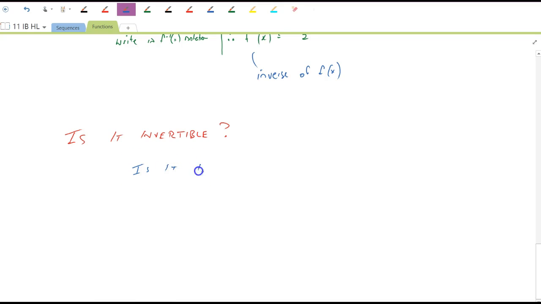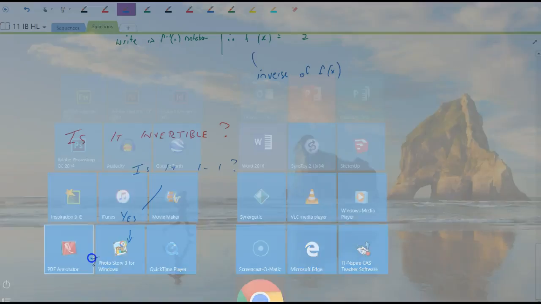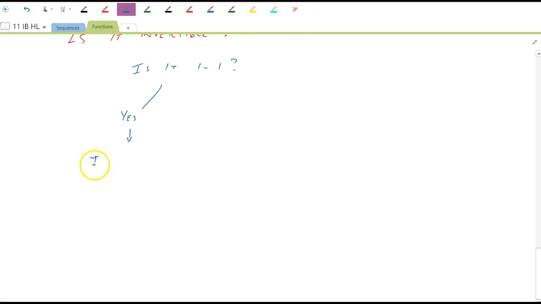If the answer is yes, then it is invertible, or it does have an inverse. If the answer is no, then it is not invertible.